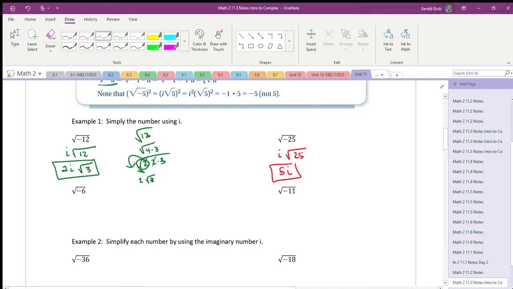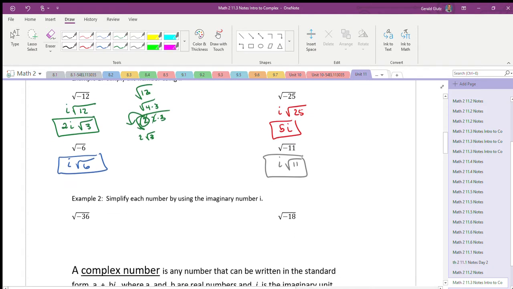Square root of -6: to get rid of the negative, multiply times i, and it becomes i times the square root of 6. You cannot break down 6, so you just leave your answer this way because 6 cannot be simplified anymore. And then i times square root of 11; I can't break down 11 anymore, so that's my answer.